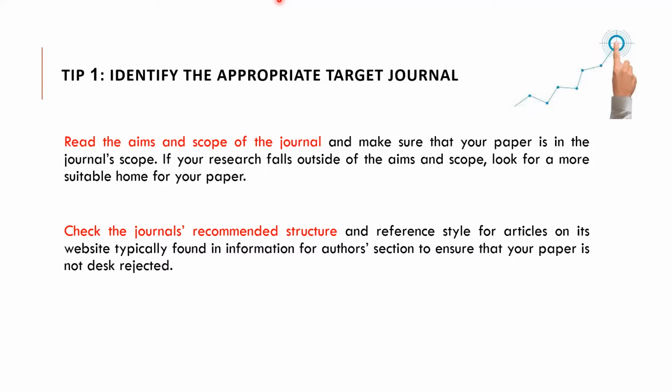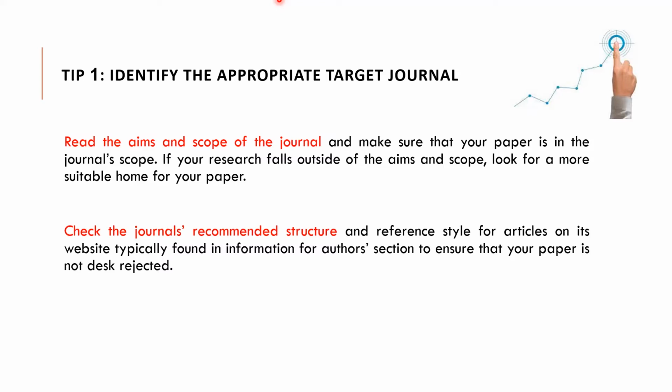And also you need to check the journal recommended structure, which is called formatting, and reference style. Some journals use APA, some use Canova, some use IEEE. There are a lot of styles the journals follow, so you need to keep this in mind. You will find this information in the author's guidelines of each journal.